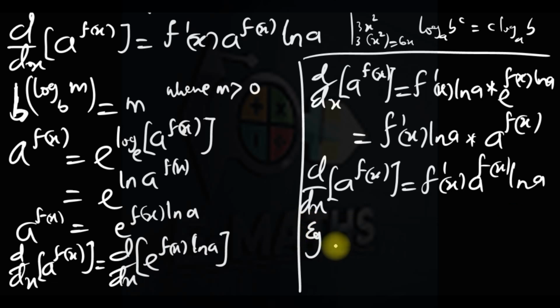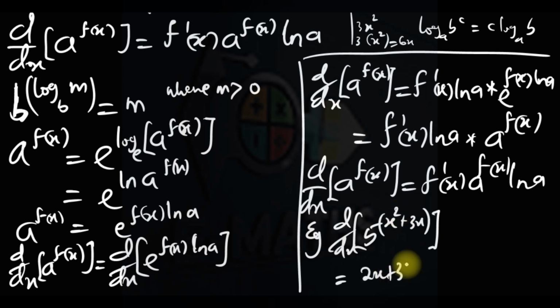For example, if someone asks you to find the derivative of 5 raised to the power x squared plus 3x, without wasting time, the answer is the derivative of the exponent, which is 2x plus 3, times 5 raised to the power x squared plus 3x, times ln 5.